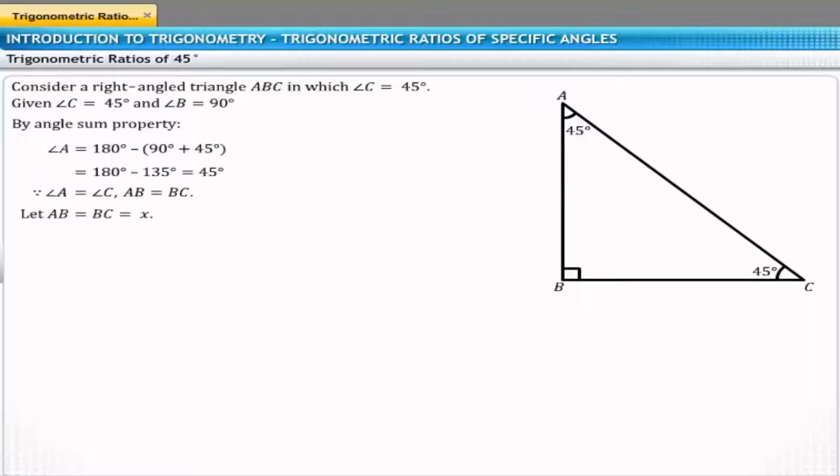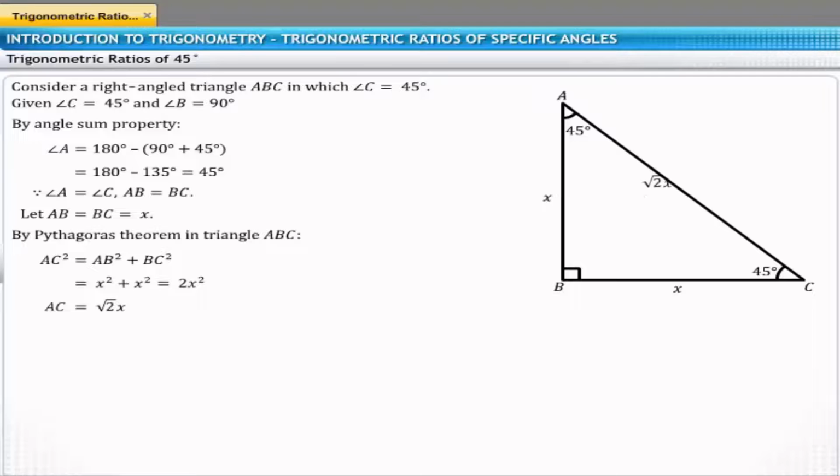Let this length be x. Applying Pythagoras' theorem in triangle ABC, we find the length of hypotenuse AC as root 2 times x.